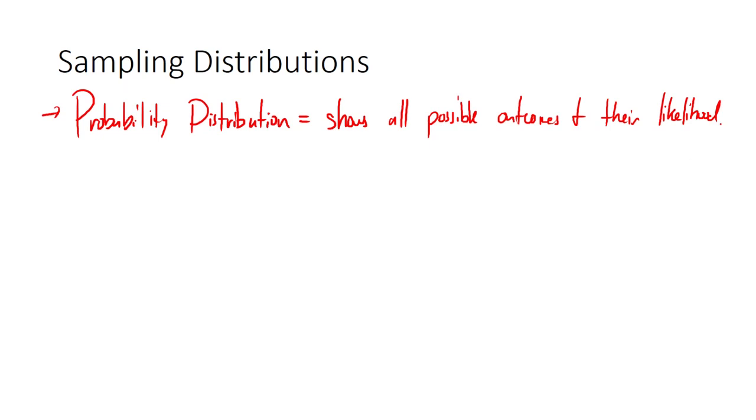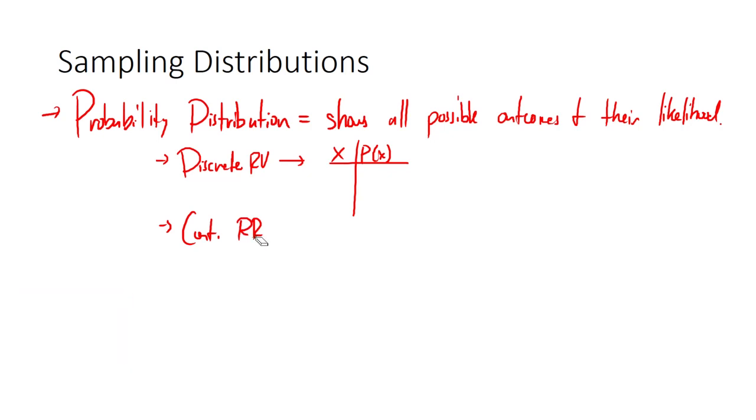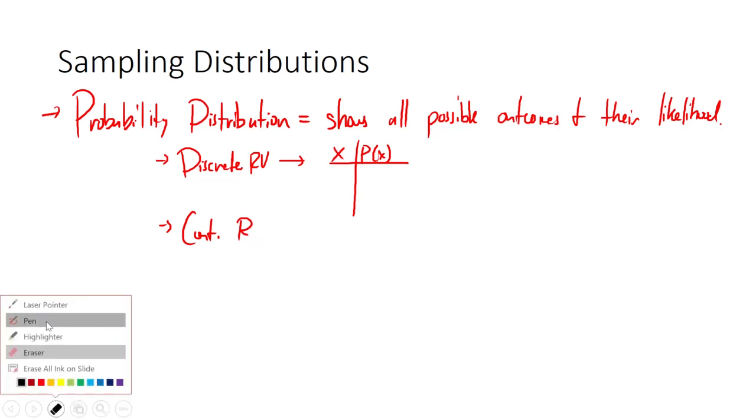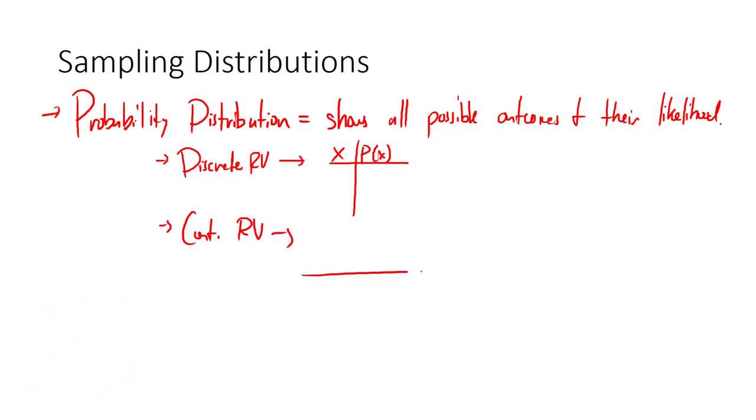So for discrete random variables, they look like tables. Right? When we had continuous random variables, they look like curves. Right?